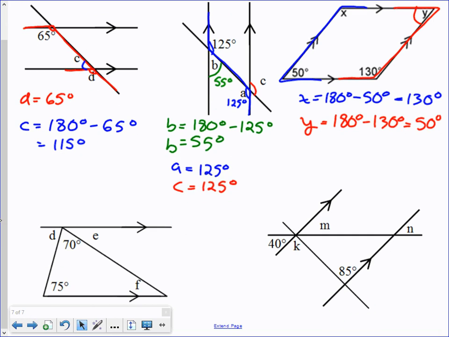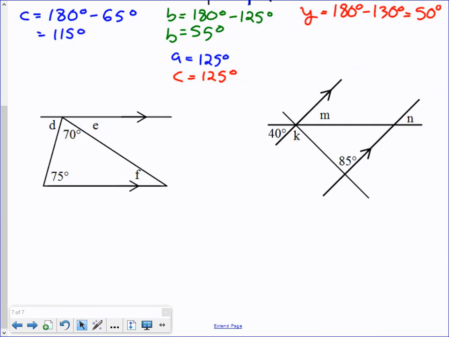Our last two down here, I've got angle D, E, and F that I'm trying to find. I would probably start with angle D here. I can see that we have a Z pattern in here, which tells me that this angle and this angle are going to be the same. So D is going to be 75 degrees. Add that to the diagram.